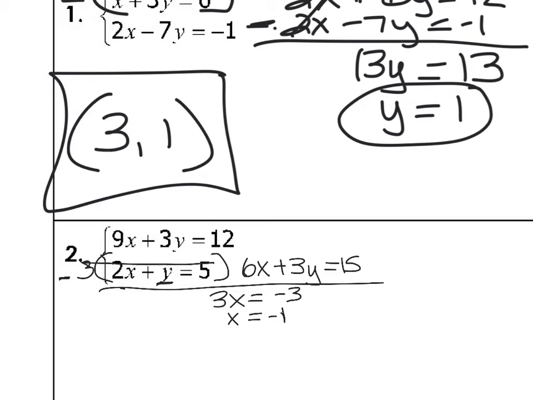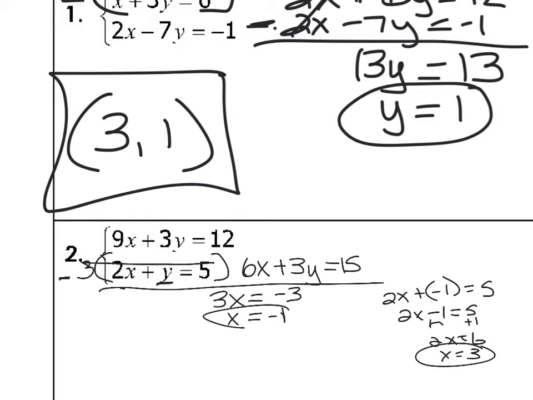All right, so I'm going to plug it into one of the other equations. 2x plus negative 1 equals 5. So this is 2x minus 1 equals 5. You're going to add 1. So 2x equals 6, so x equals 3. Oh, I plugged it in the wrong thing, didn't I?